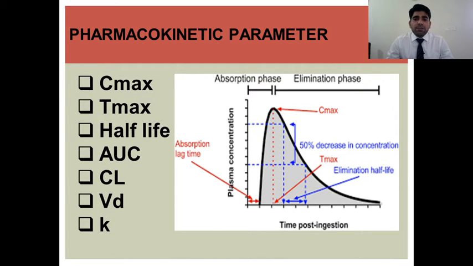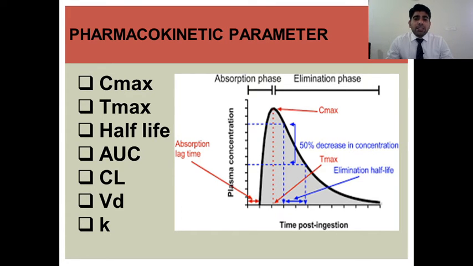In the graphical representation, you can see the plasma concentration on the y-axis and the time on the x-axis. The area under the curve is called AUC, which is represented in a purple color.